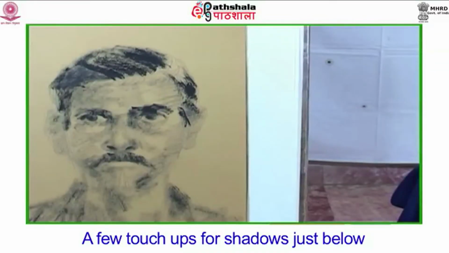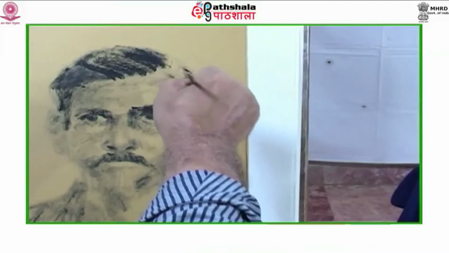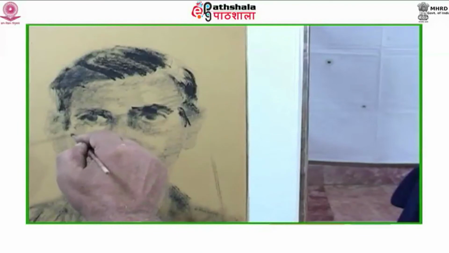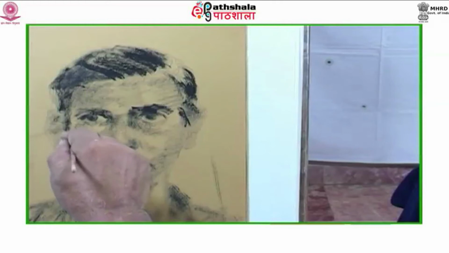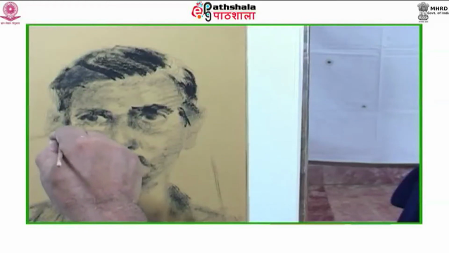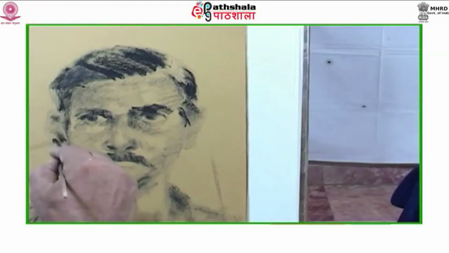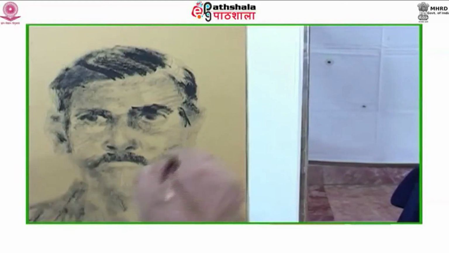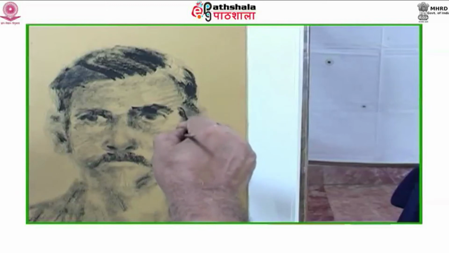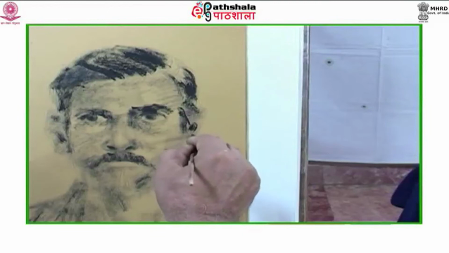A few touch-ups for shadows just below the hairline will make the hair appear risen over the head, which is more due to the different light that falls on the model from top.